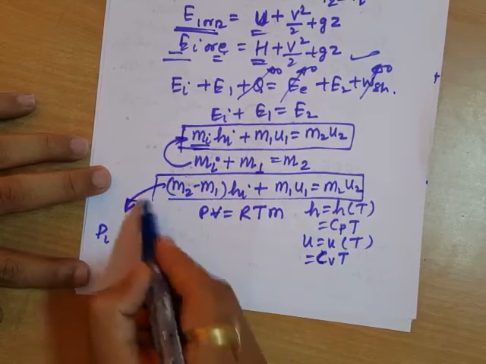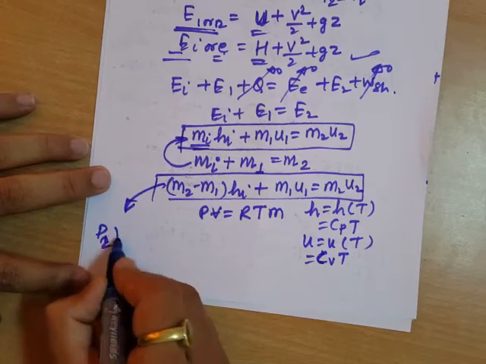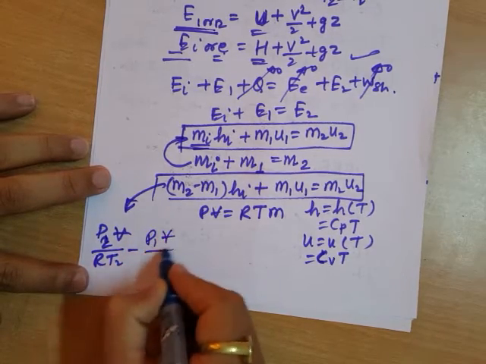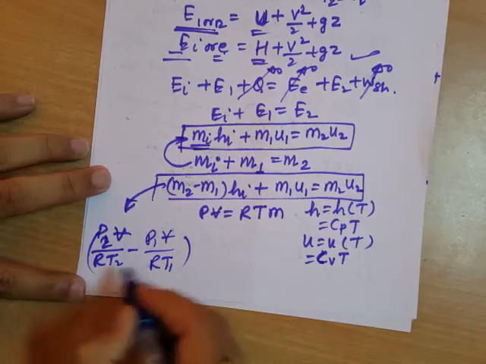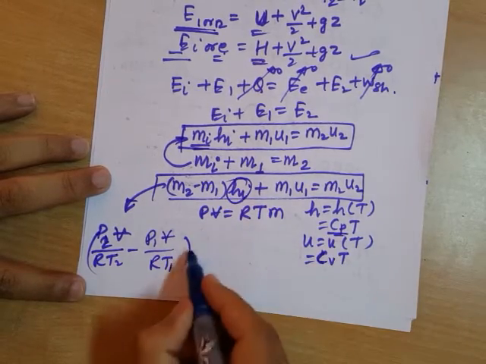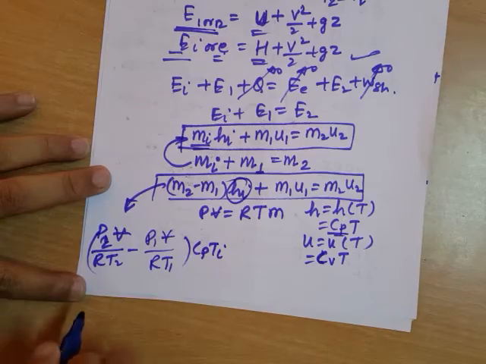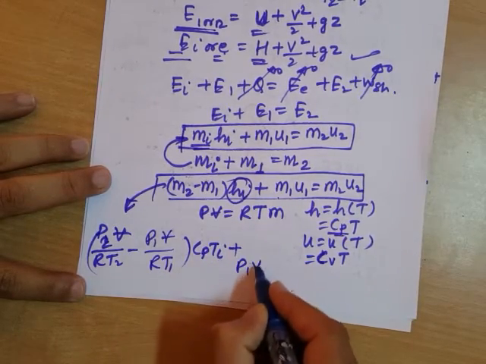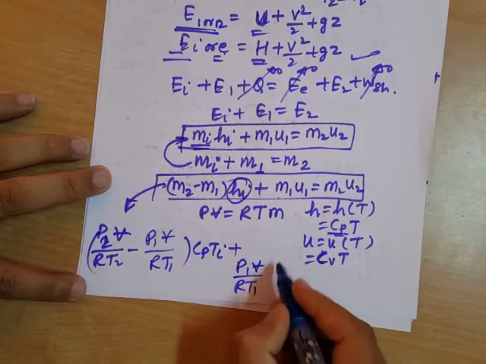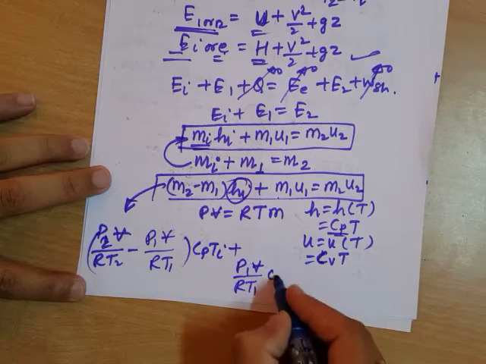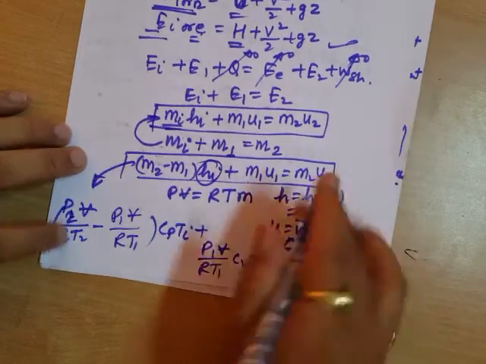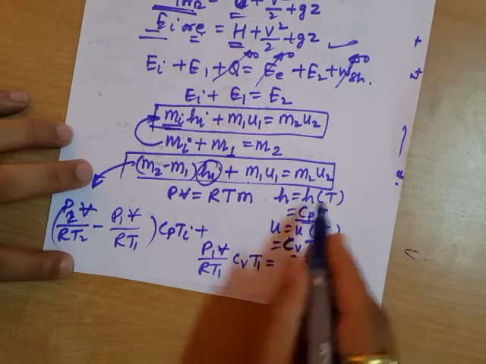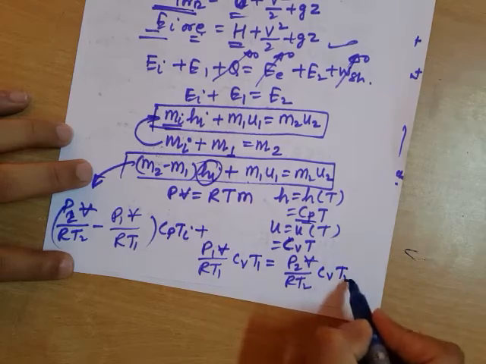So now solving this, (P2 V upon R T2 minus P1 V upon R T1) into Hi, which will be Cp Ti, plus M1, which will be P1 V upon R T1, into U1, which will be Cv T1, is equal to, what is M2? It will be P2 V upon R T2 and U2 will be Cv T2.